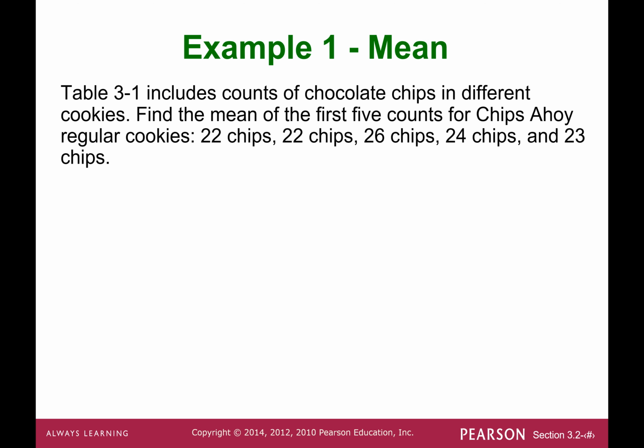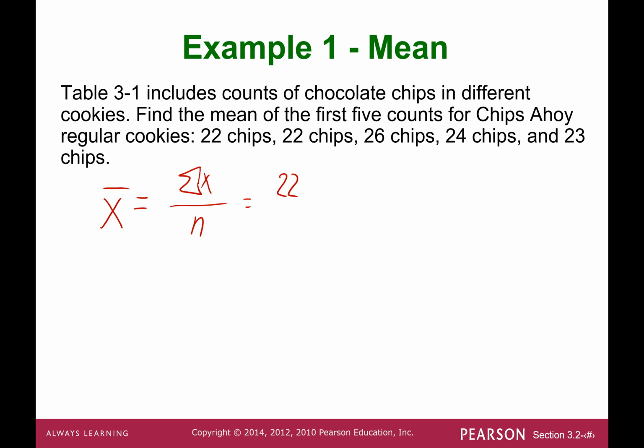Now let's take a look at this. Table 3.1 includes counts of chocolate chips in different cookies. Find the mean of the first 5 counts of chips in the cookies: 22 chips, 22 chips, 26, 24, and 23. In order to find the mean, we do x bar equals summation of x divided by sample size. Summation of x indicates you add up all those data values.